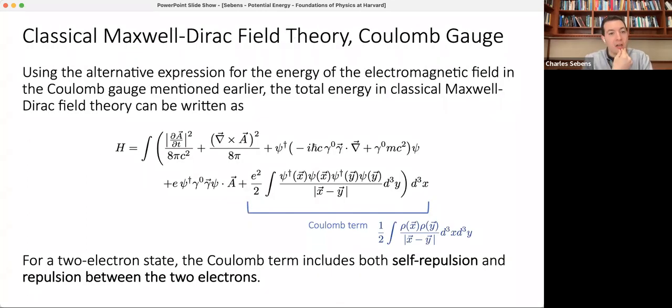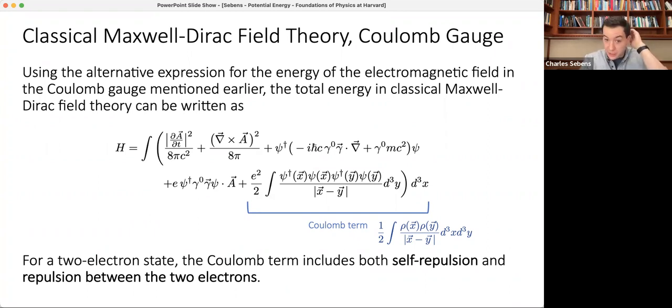Okay, so that's kind of the picture of what's going on, the picture of the problem. Mathematically, one way to put the problem is to use that expression for the total energy in Maxwell-Dirac field theory that we had earlier, what I described as the alternative expression for the energy in electromagnetism.